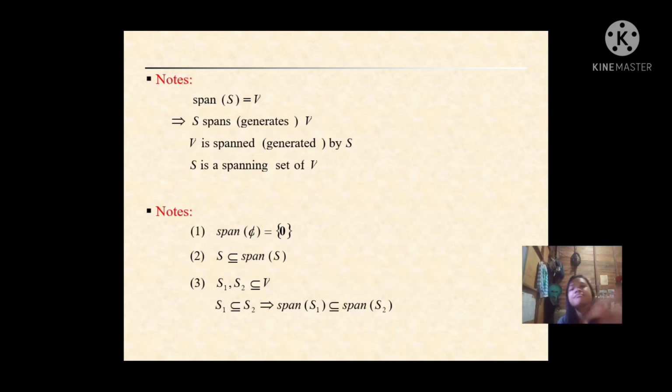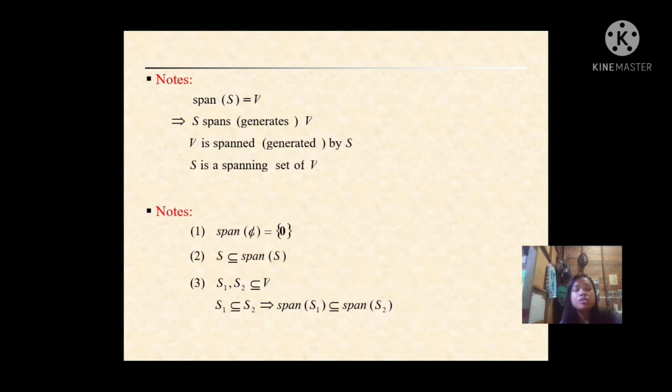Notes: span S equal to V. S spans or generates V. V is spanned or generated by S, and S is a spanning set of vectors. For the notes, number 1 is span of the empty set equal to 0.